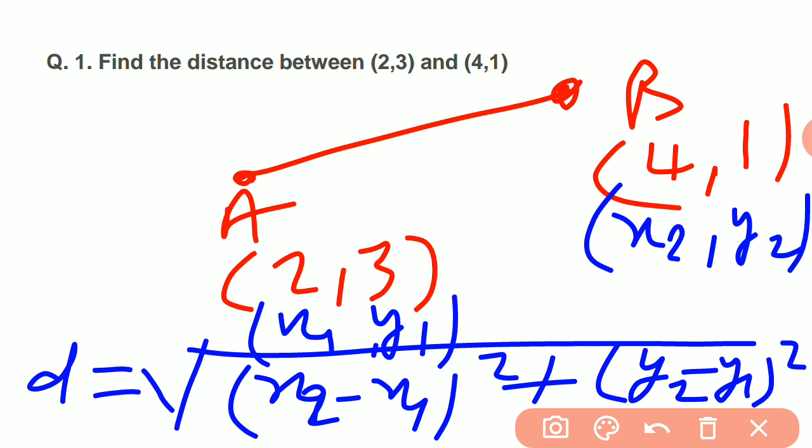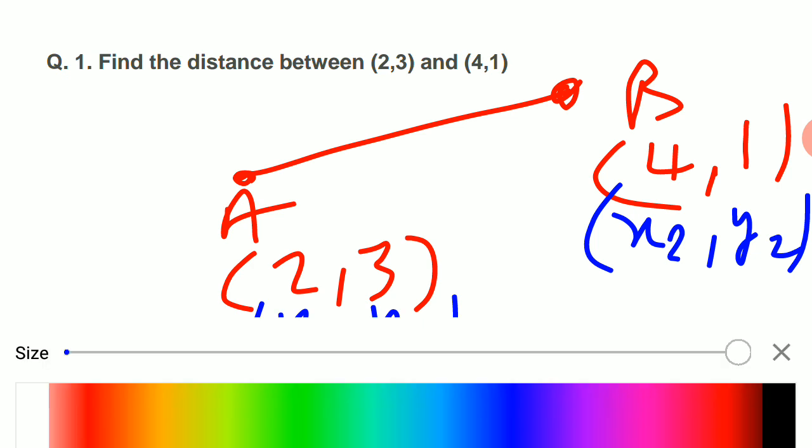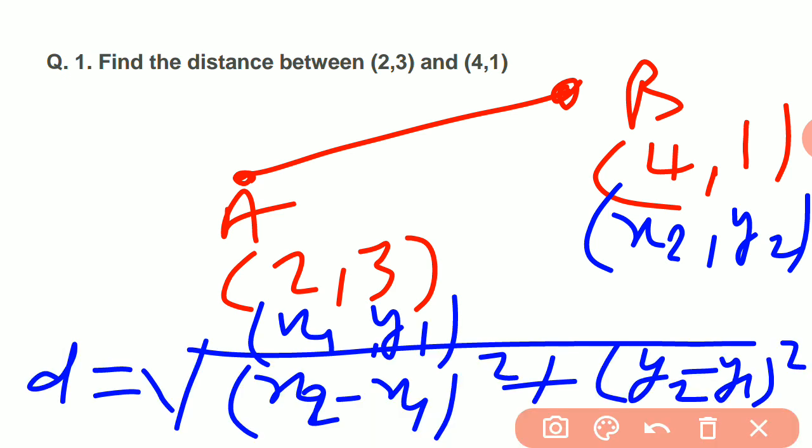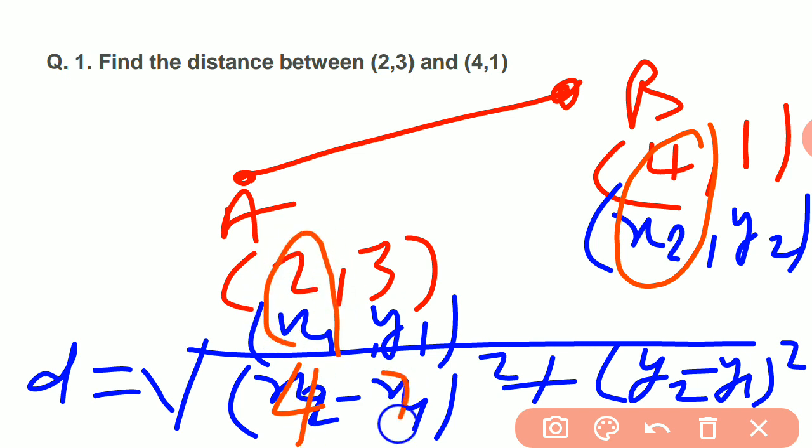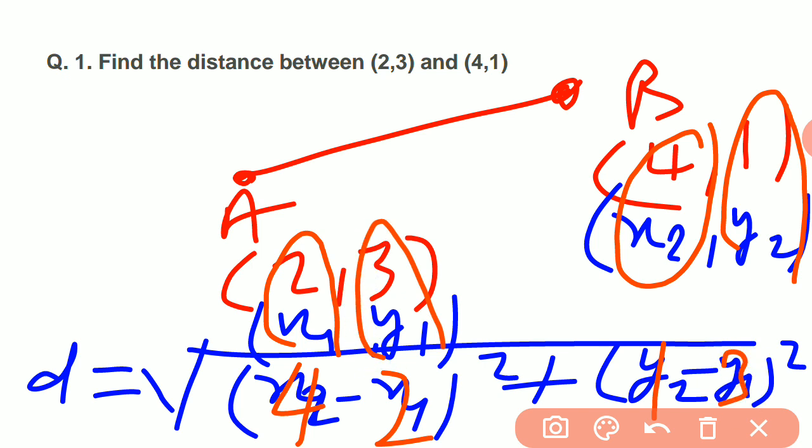In this formula we will put the above values. It means we will put x2 is 4, so we write 4 here, and x1 is 2, so we write 2 here. Similarly y2 is 1, we write 1 here, and y1 is 3, we write 3 here.